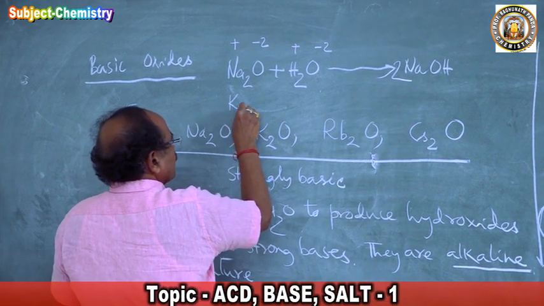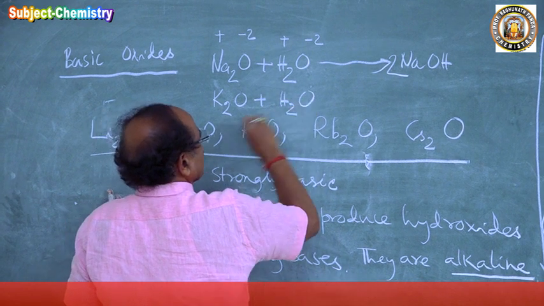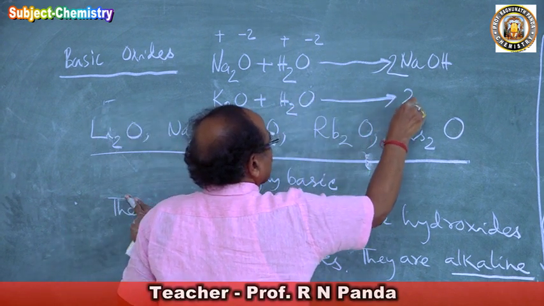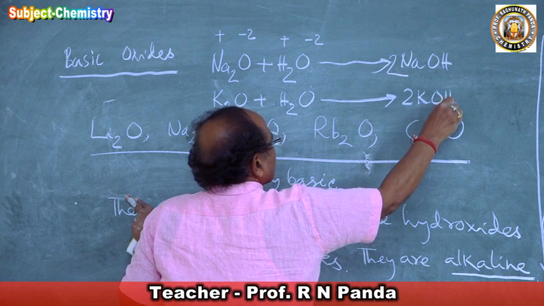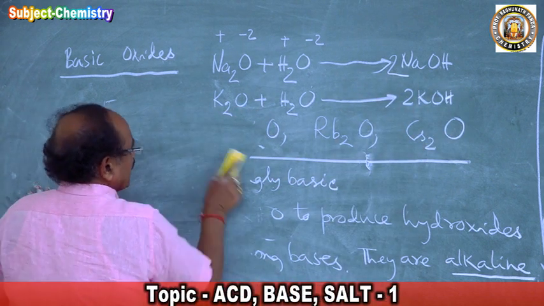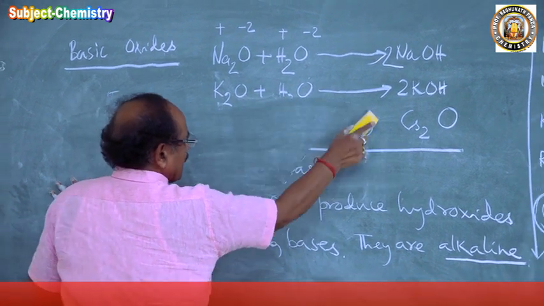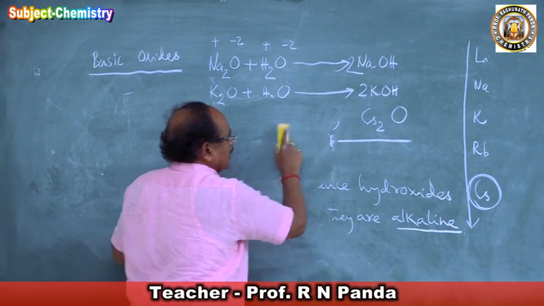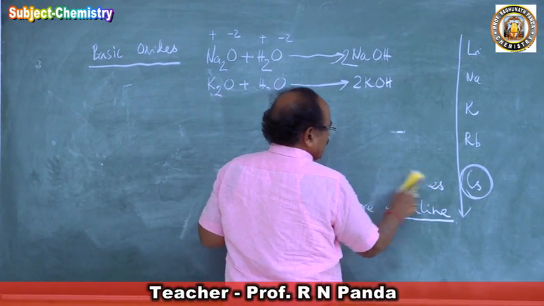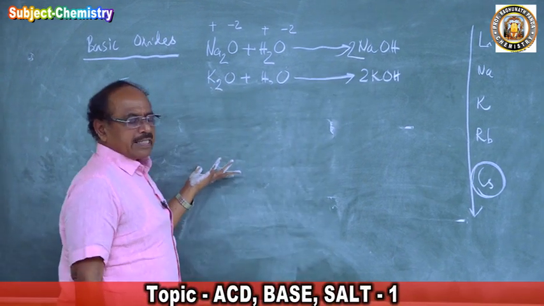Similarly, when you take K2O, the potassium oxide will react with water to form 2KOH. So this is a chemical reaction because the reactants form the product. You write it in the form of an equation, hence it is called a chemical equation.